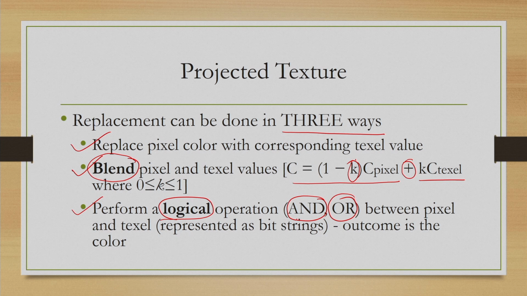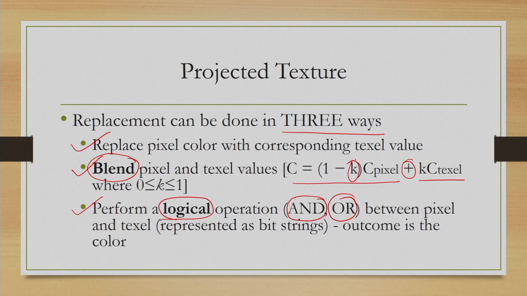So we can perform a logical AND or logical OR operation between the two bit strings, which will give us a new bit string, and that will represent the final color, that is the projected texture pattern.